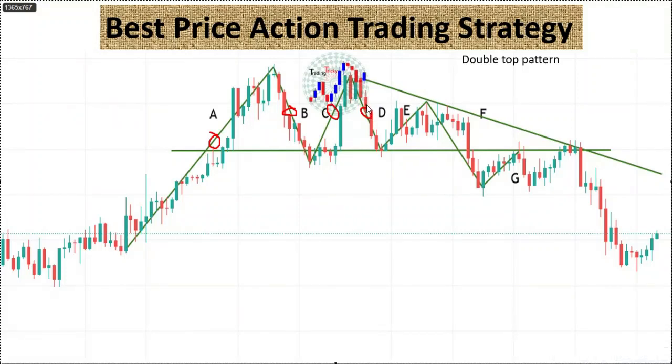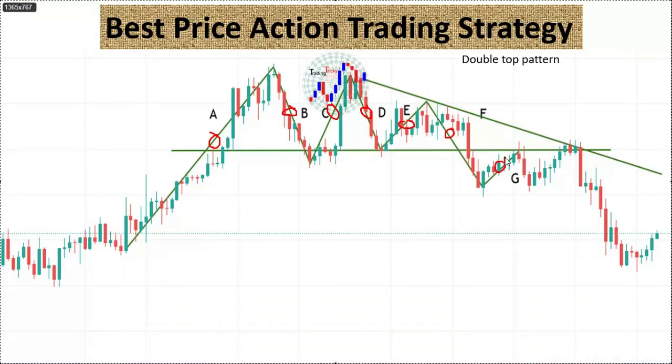The D, the market retraced to the swing low. The E, the market was unable to even test the previous high. It means buyers get weaker. The F, due to buyers becoming weaker, the market broke the support levels.